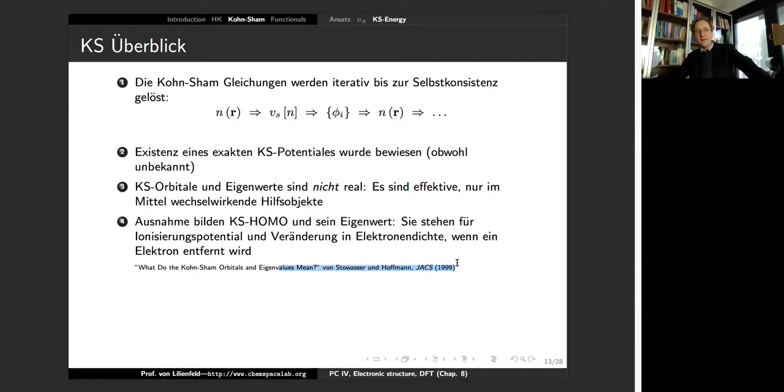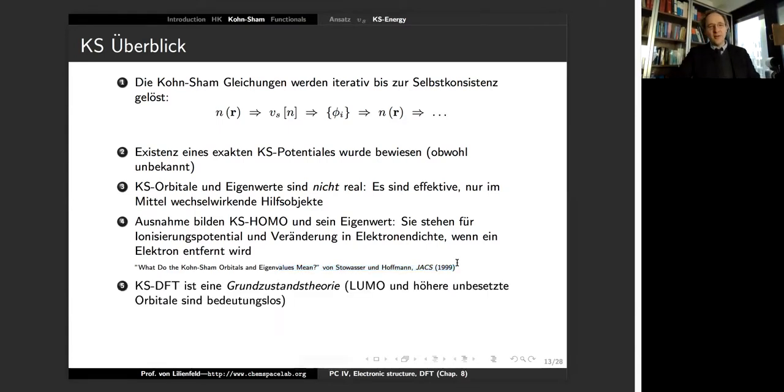For the frontier orbitals, it looks as if they are much more unique than the other orbitals, and so you can argue about that.